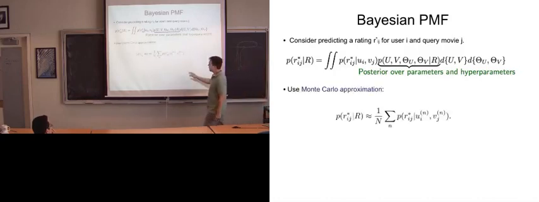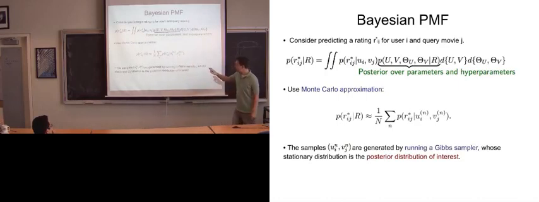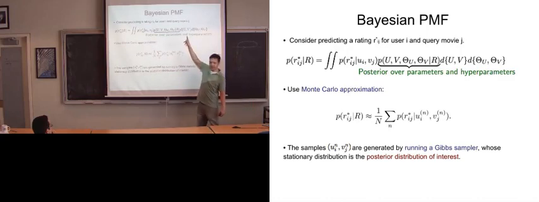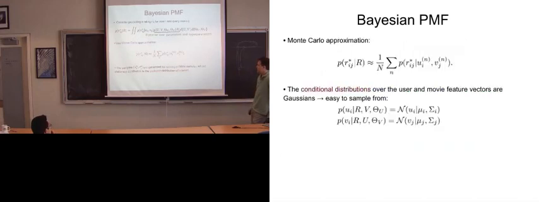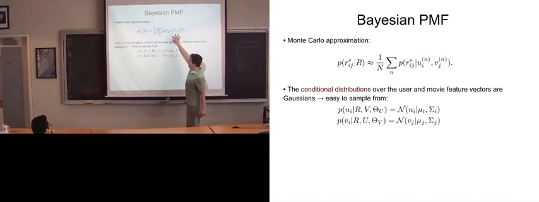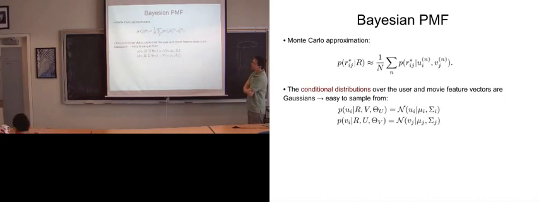Well, we're going to be using Monte Carlo approximation. The samples, for making the predictions, are going to be generated by running a Gibbs sampler whose stationary distribution is this posterior distribution of interest. So we're going to set up a Markov chain whose stationary distribution is this distribution. It turns out that the conditional distributions over user and movie feature vectors are Gaussian, and they're easy to sample from.